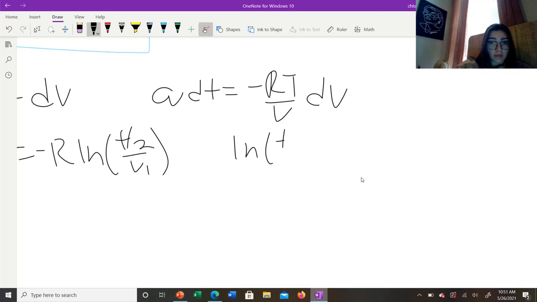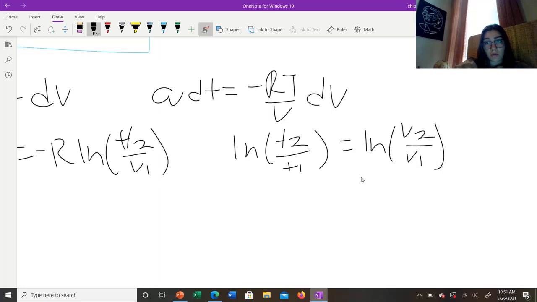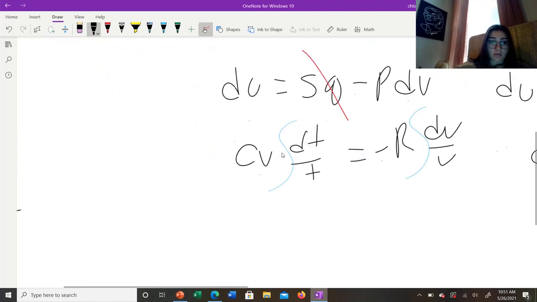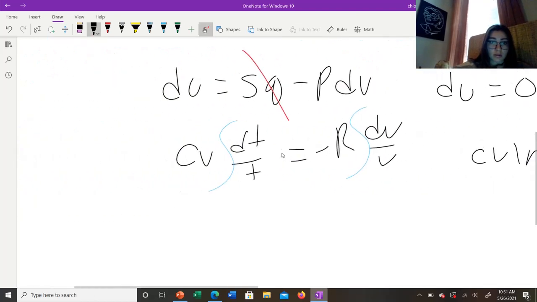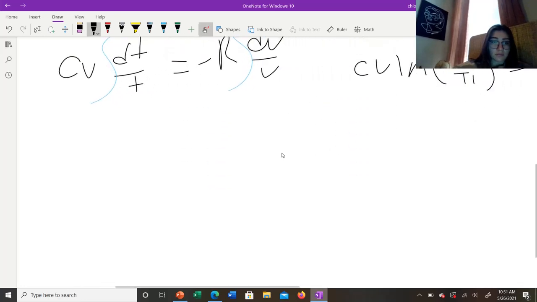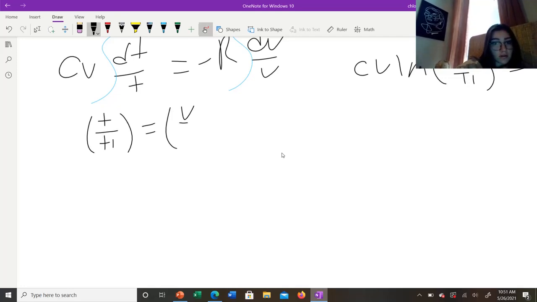So the natural log of T2 over T1 equals the natural log of V2 over V1, all raised to the power of negative R over Cv. Now we get rid of the natural logs, which we'll do down here, and we'll write it as T over T1 equals V over V1 to the power of negative R over Cv.